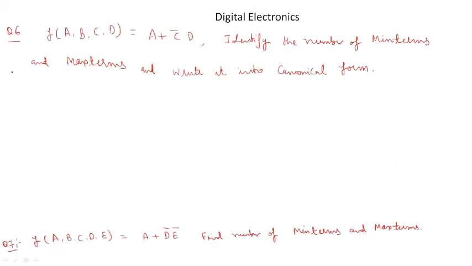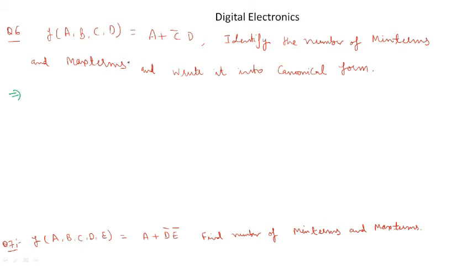Now the next problem is that F of A, B, C, D is given as A plus C bar D. It means that our output has the four variables A, B, C and D, and it is written as A plus C bar D. Now I will give you a hint to solve this problem.